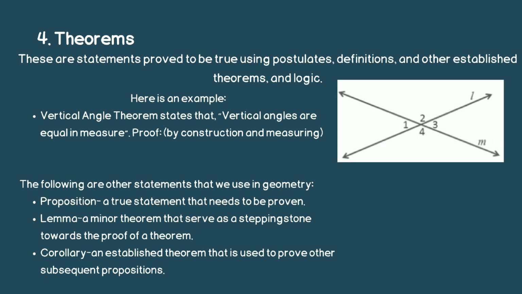There are other statements that we use in geometry. A proposition is a true statement that needs to be proven. A lemma is a minor theorem that serves as a stepping stone towards the proof of a theorem. And a corollary is an established theorem that is used to prove other subsequent propositions.